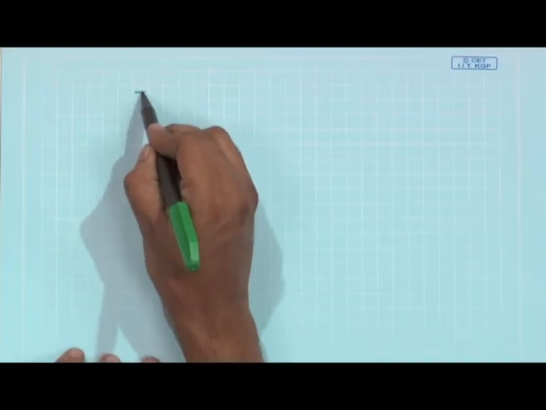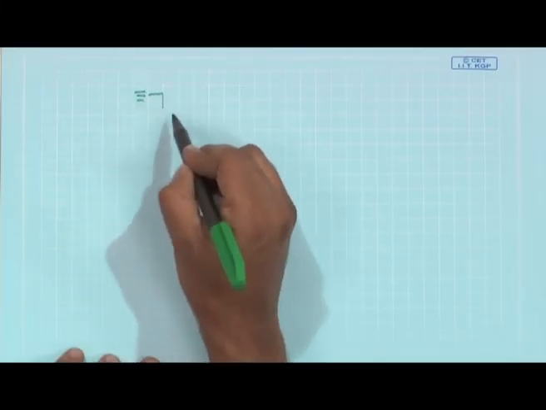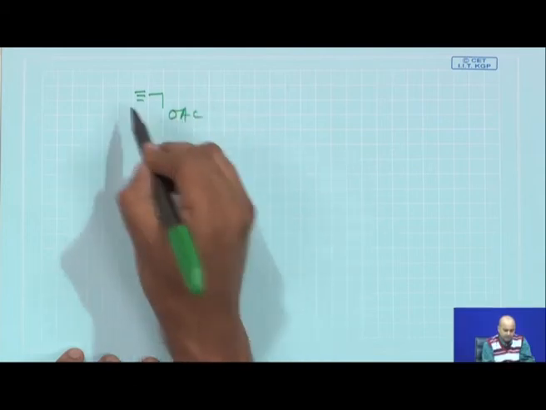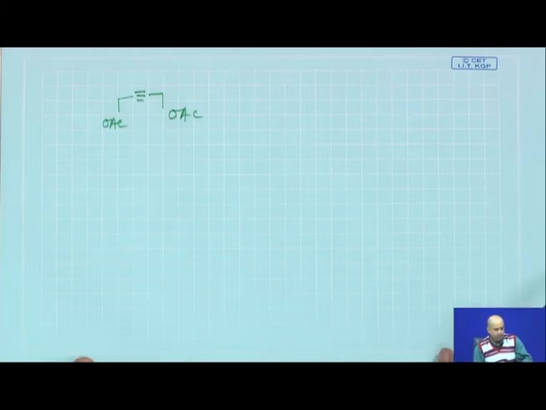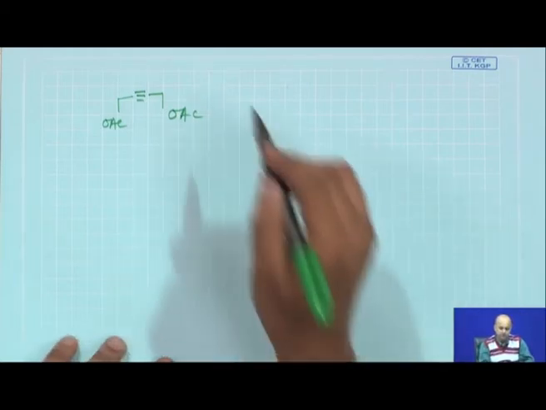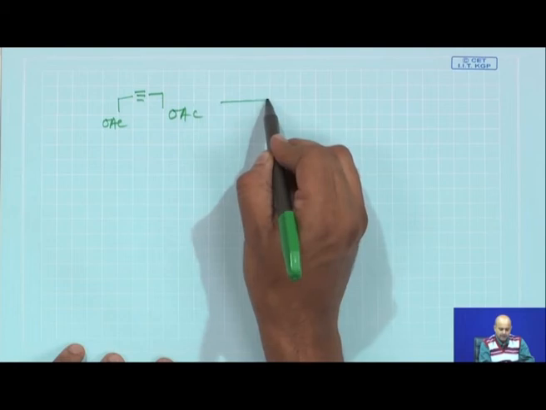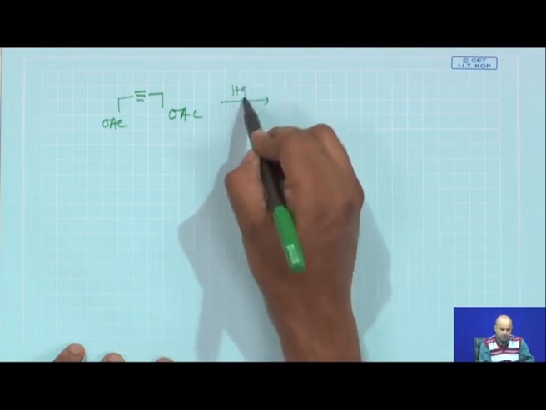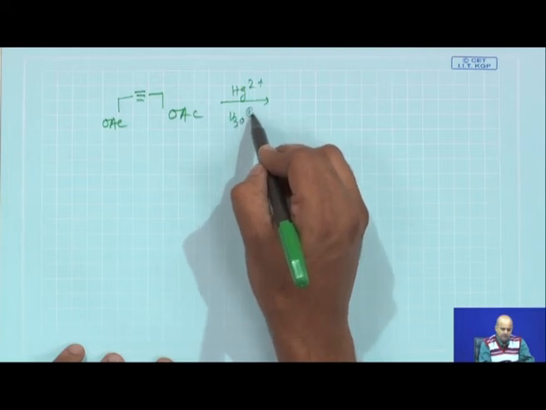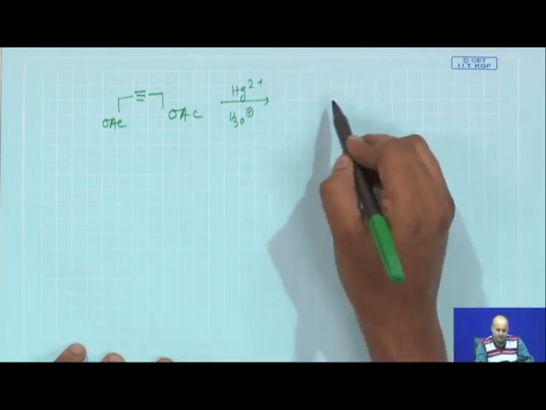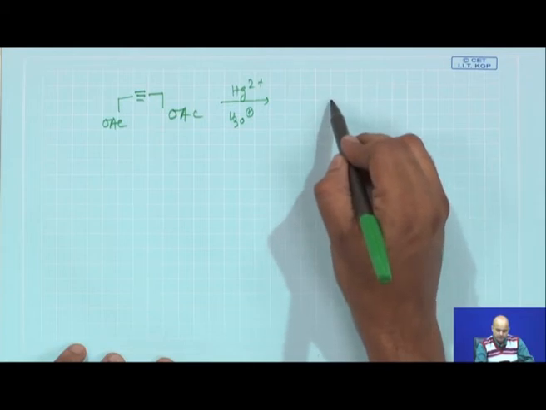Probably we will stop with a very simple example. Let us talk about this acyclic example. I say you are having this example. How you can desymmetrize it? Alkyne you all know, if you react with Hg2 plus in acidic medium, hydration of alkyne takes place to basically give you the Markovnikov product.